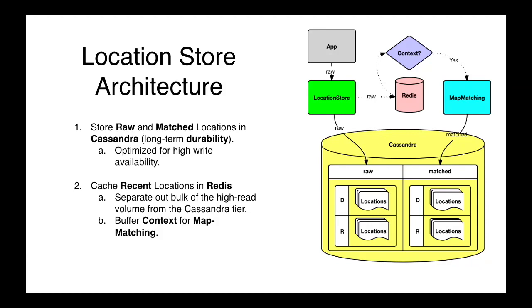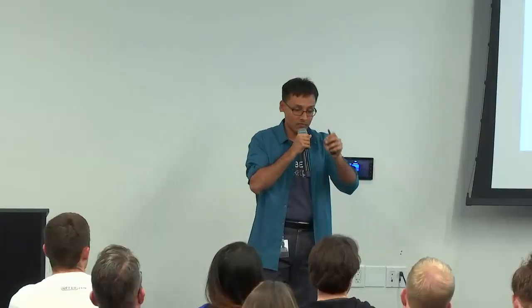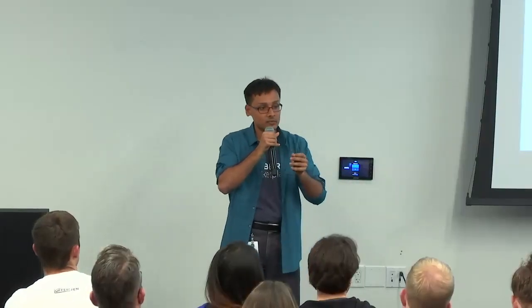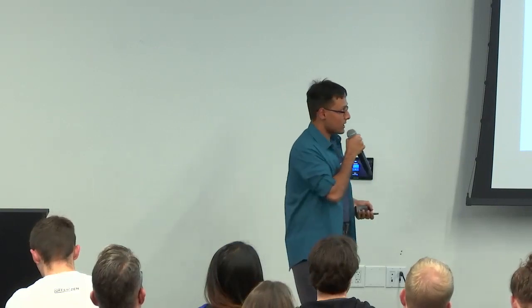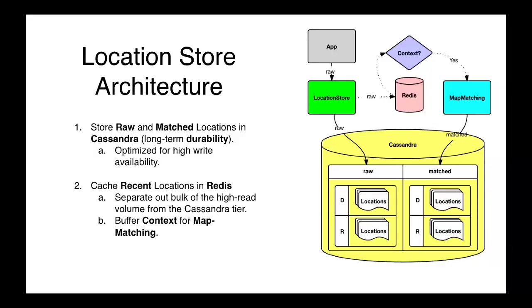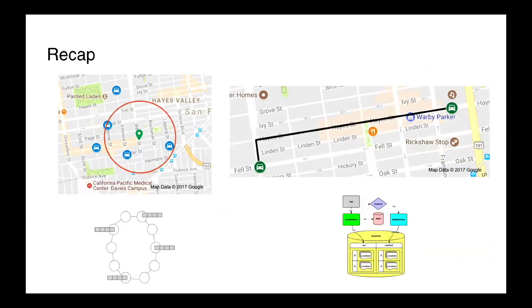The intuition is that given just one point, it's hard to know exactly where it fits. But if you have some context, you have a better idea of where the car is going and what road it's on. So we buffer up those points in Redis as well, and then we periodically call map matching. Then we persist all that data in a separate schema and location store, with the same cache, et cetera. Cool. So I think that's the location storage side.